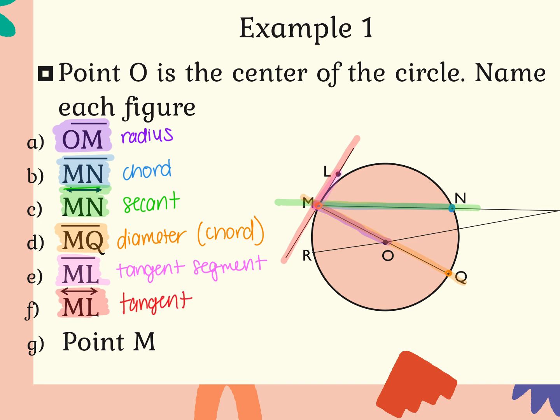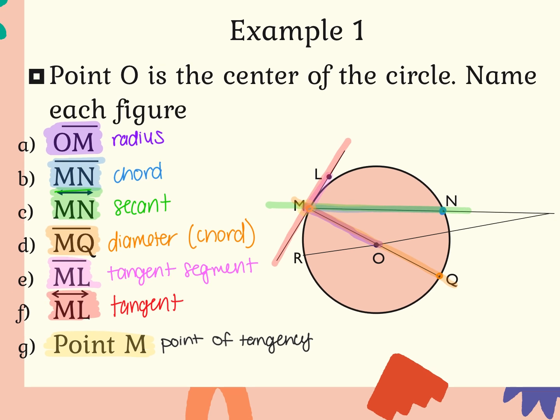And then looking at the next one, point M, which is right here. This little point, just specifically the point, what is that point called? Point of tangency. Okay. So again, vocabulary, you guys have to be able to identify these words.